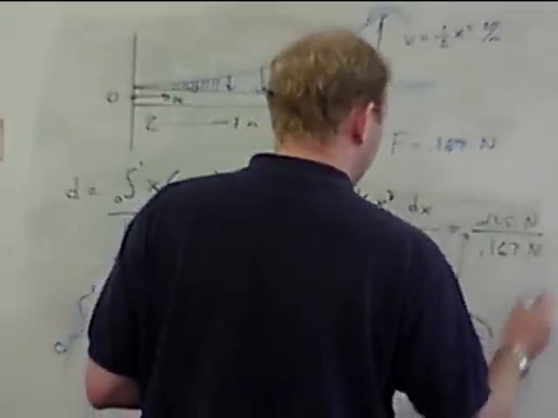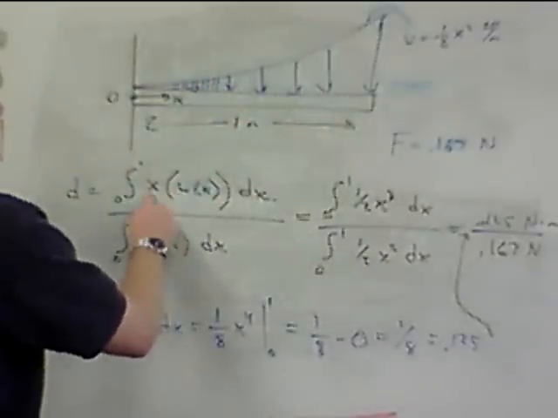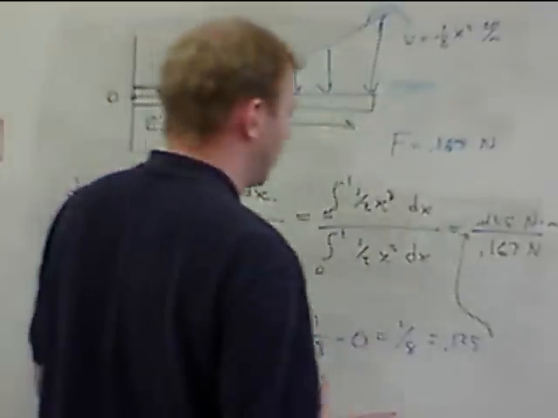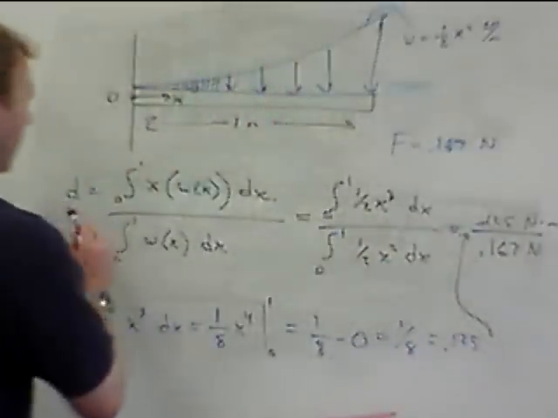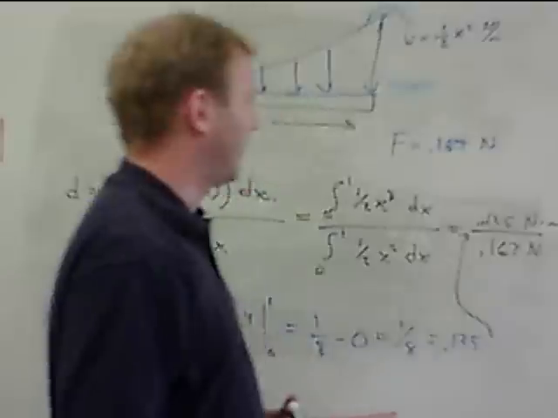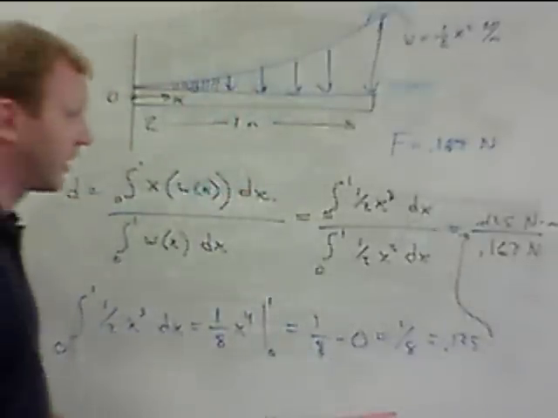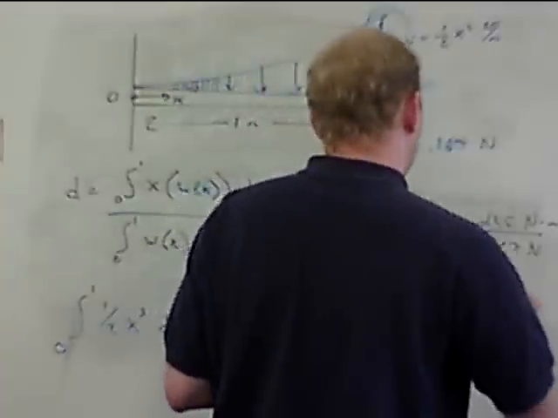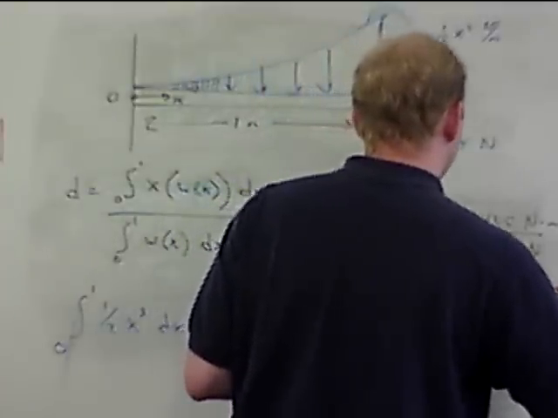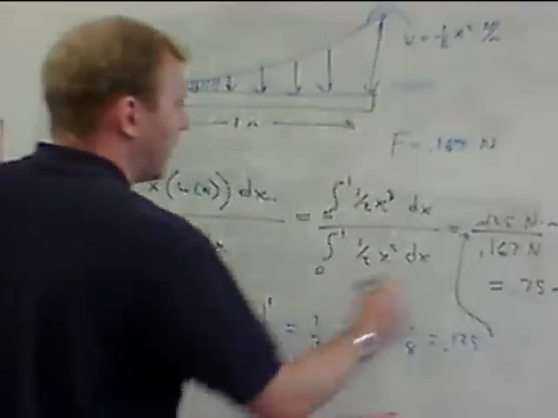Oops, this is Newton meters, because we've taken newtons and multiplied by distance in meters. Units aren't terribly important here. We know the answer is going to be meters because we're looking for a distance. 0.125 divided by 0.167, or 1/8 divided by 1/6, is equal to 0.75 meters.